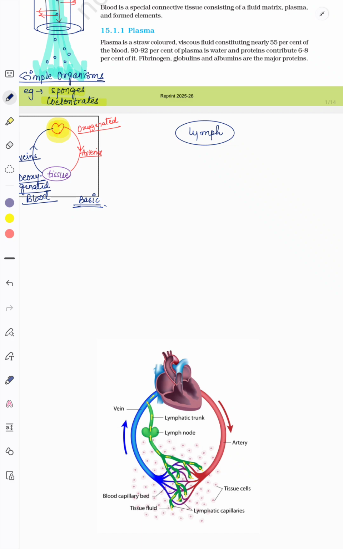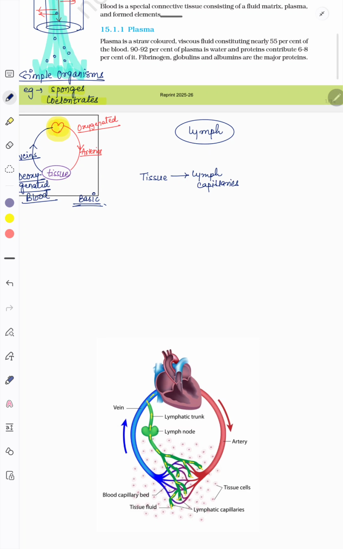So the path is, you have seen, the blood has come to the tissues. From the tissue part, lymph has gone to lymph capillaries, right? From the lymph capillaries, it goes to lymphatic vessels.